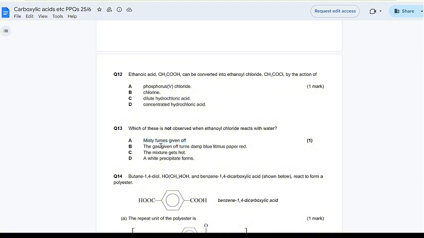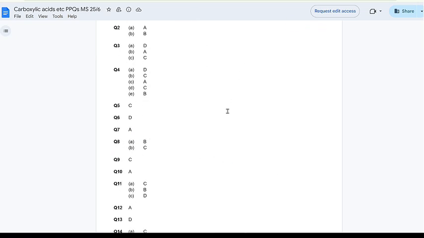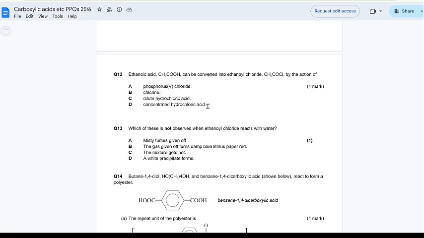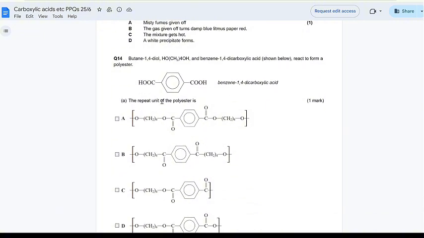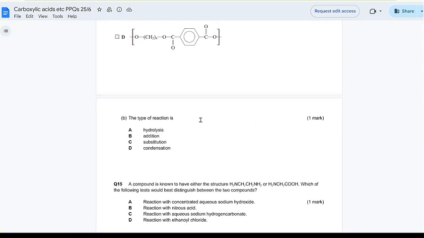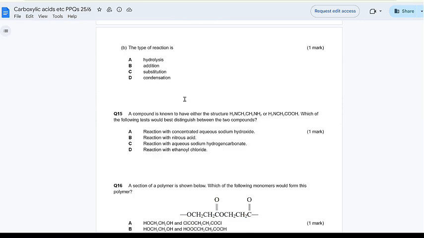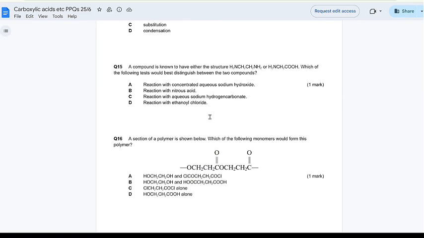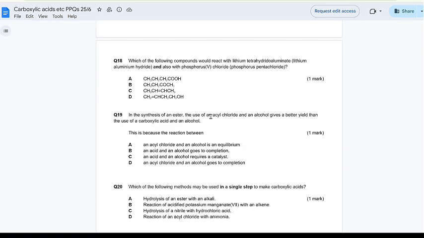So maybe C or D, sorry, maybe D. Question 13, is that the answer D? Yep, okay. Yeah, these are pretty simple, straightforward. I think we covered quite a lot of it here.